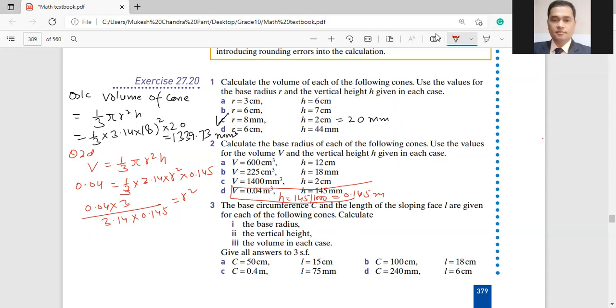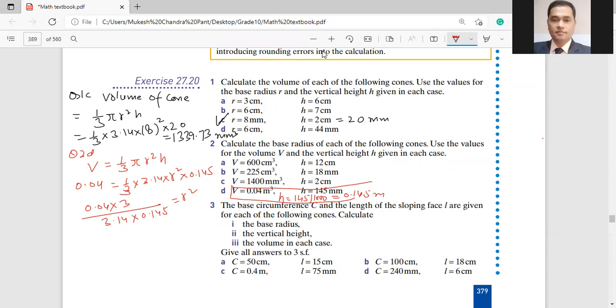So we have 0.04 times 3, 0.12. Divide this 0.12 by 3.14, then divide by 0.145.